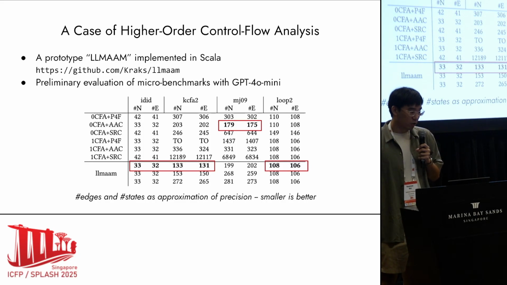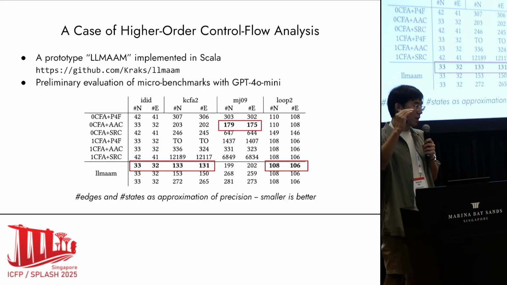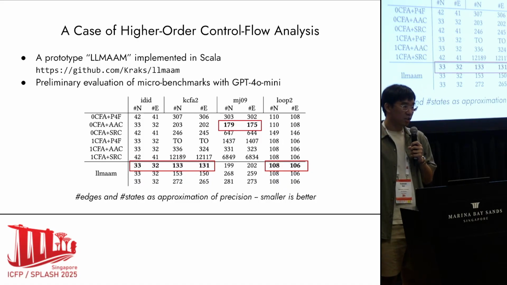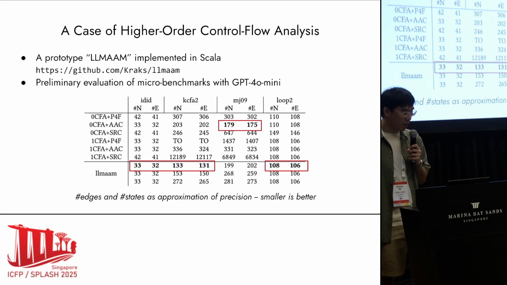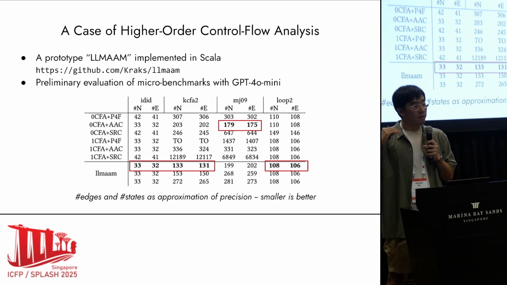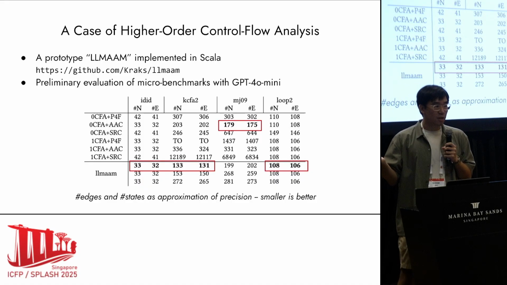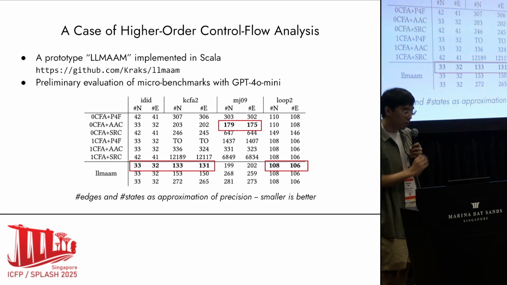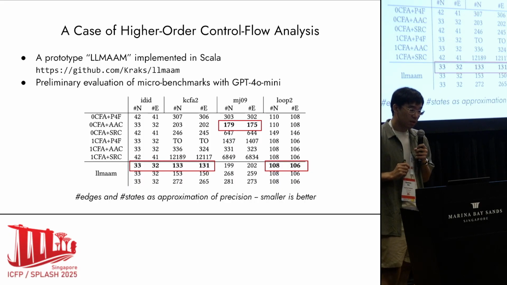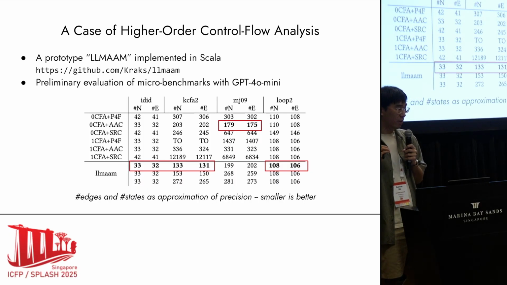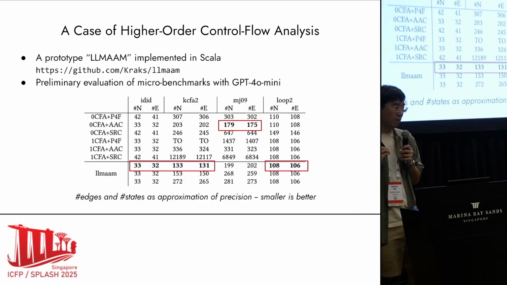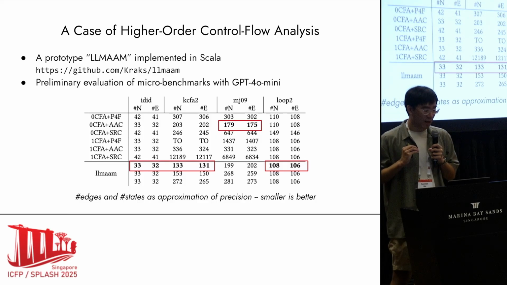There are only several micro benchmarks, and we also compare with existing deterministic allocation strategies, shown at the top of the table. Because language models are non-deterministic, we run our own analyzer 3 times and report those numbers. For those 4 benchmarks, we show the number of nodes, or abstract states, and also the number of edges, and use that as an approximation of precision.